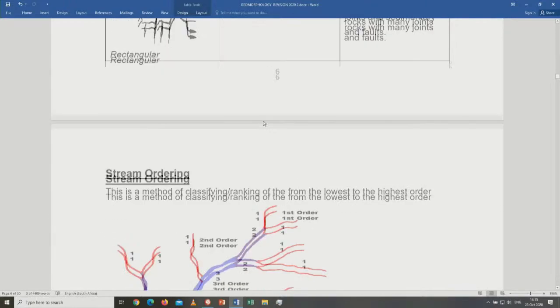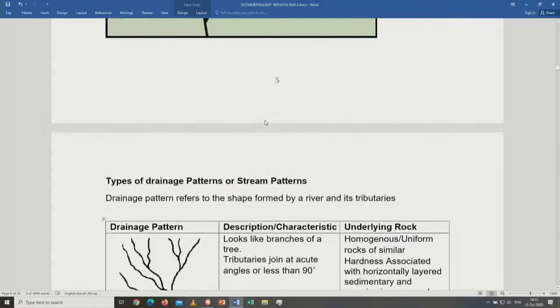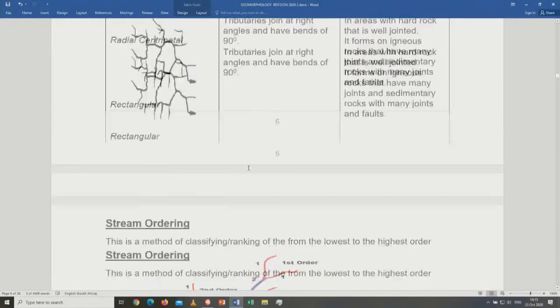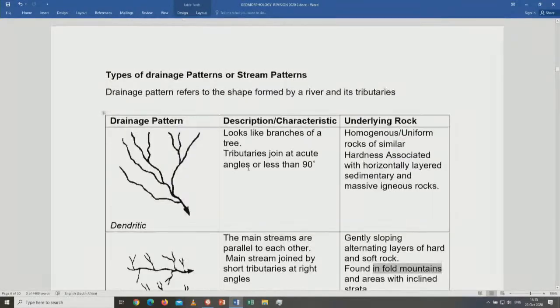So these are the types of drainage patterns, when rivers flow in patterns. That means in terms of this particular question, you must be able to identify a drainage pattern and also know the underlying rock. So when they say characteristics, how does it look like?